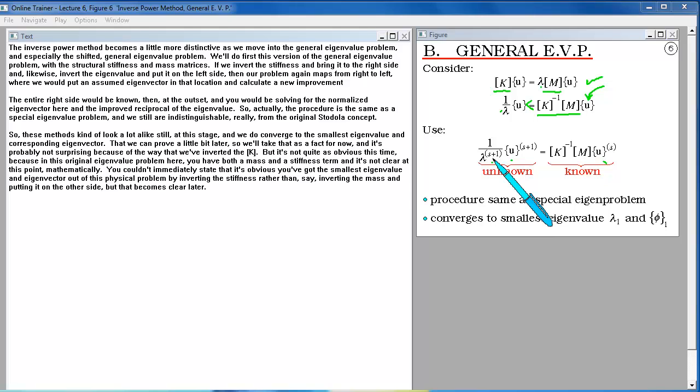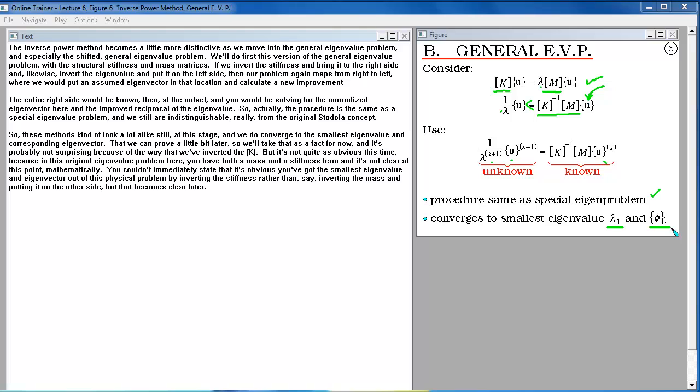So actually the procedure is the same as a special eigenvalue problem, and we still are indistinguishable really from the original Stodola concept. So the methods look a lot alike still at this stage. And we do converge to the smallest eigenvalue and corresponding eigenvector.